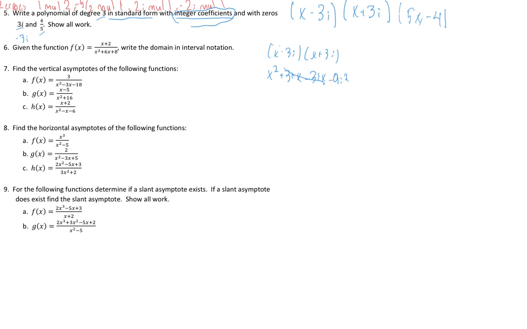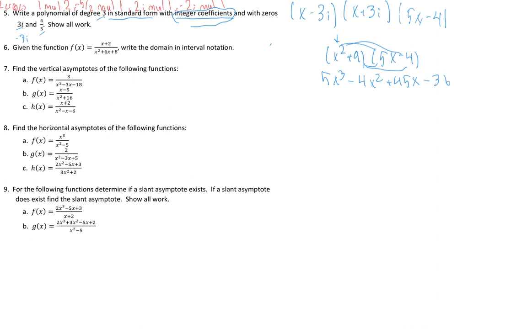I squared is negative 1, so this will become x squared plus 9. And right here we still have 5x minus 4. So multiplying these together, first we get 5x to the 3rd minus 4x squared plus 45x minus 36. And that's it.